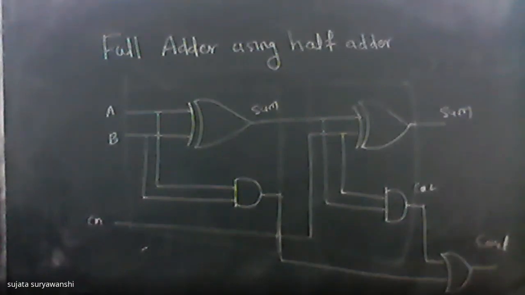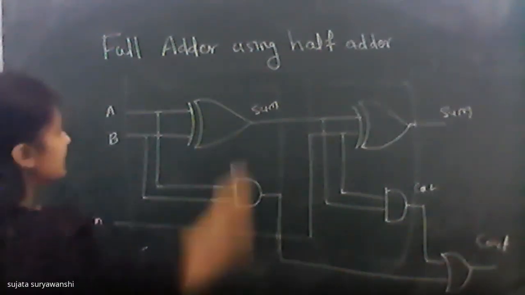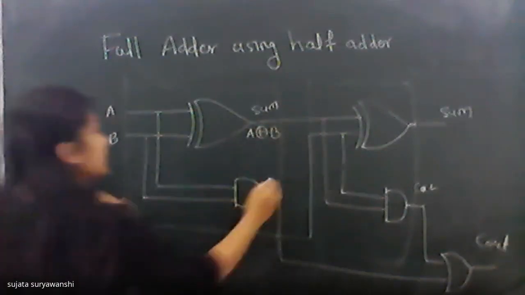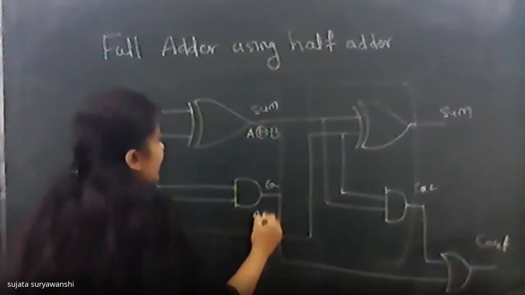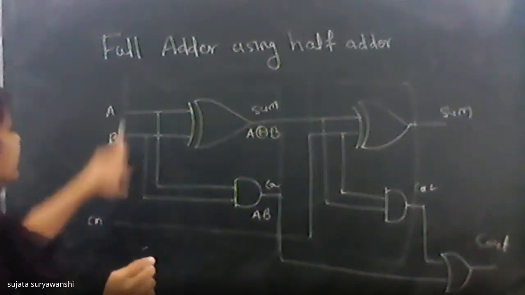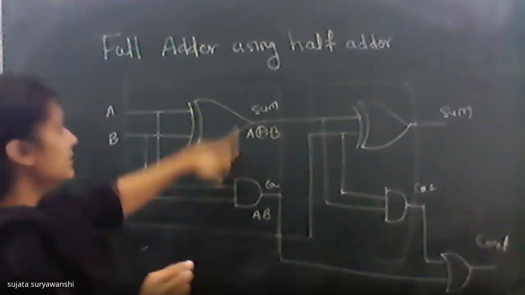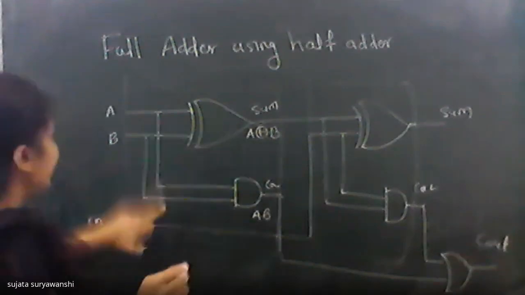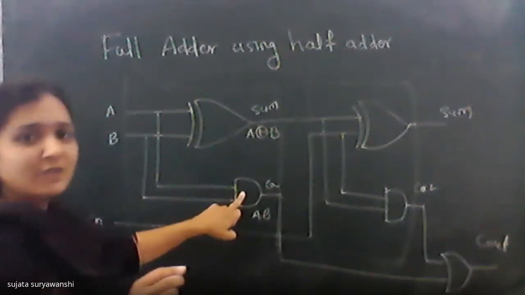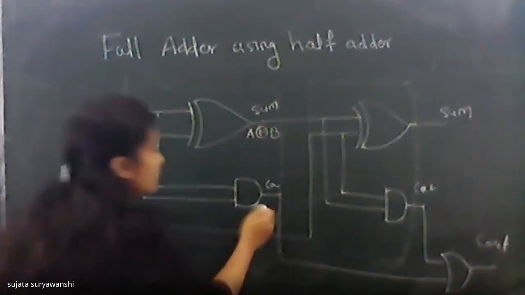Okay, here the first one is an XOR gate. Sum equation is A XOR B and carry equation is A into B. So the two input variables A, B are given as input to the XOR gate, and then these two inputs are again used as input of the AND gate, which gives carry.